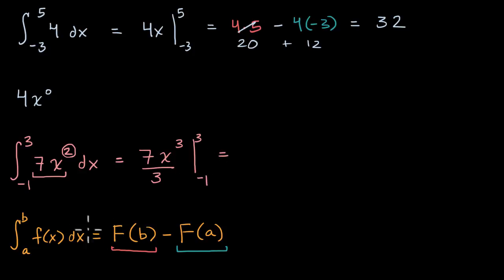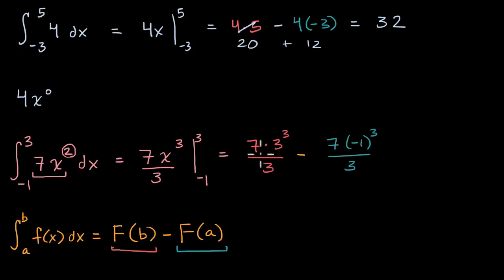So this is going to be equal to, evaluating it at our upper bound, 7 times 3 to the third over 3. And then from that, we are going to subtract this capital F of x, the antiderivative, evaluated at the lower bound. So that is going to be 7 times -1 to the third, all of that over 3.